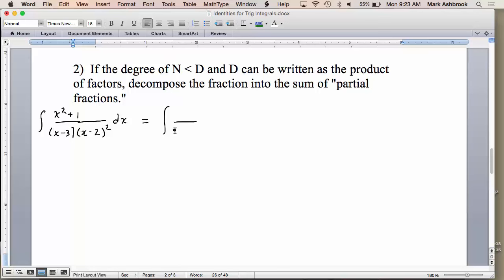So we could have x minus 3, so we'll do A, okay? And then we could have x minus 2. But what have we not considered yet? Yeah, so x minus 2 squared.